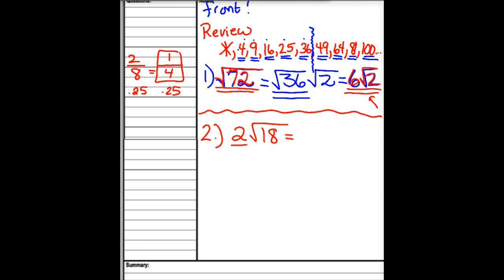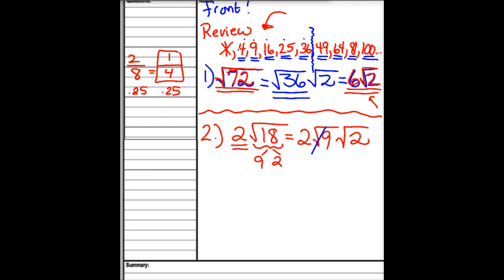All you do is rewrite that down. You just need to do 2 times, and then you find the perfect square hiding in 18. 3 times 6 is 18, but that's not helpful because they're not in this list of perfect square numbers. So the number that goes into 18 that's a perfect square is 9. So I break that into the square root of 9, and I always write your perfect square first, times the square root of 2.